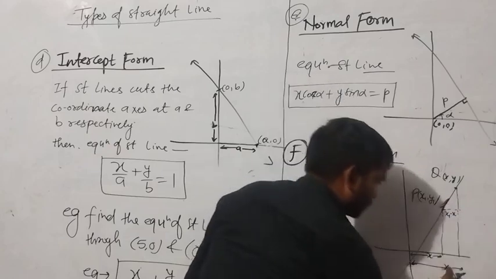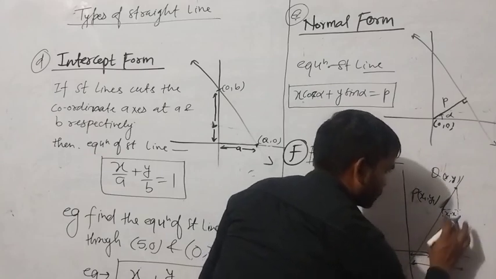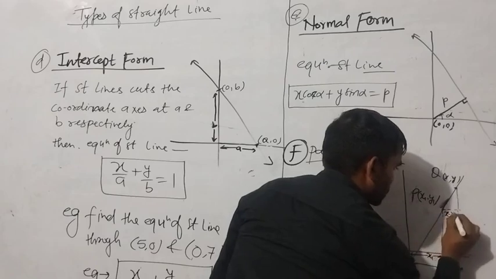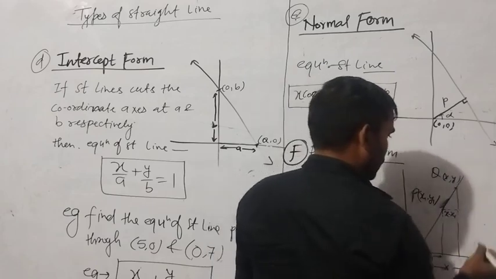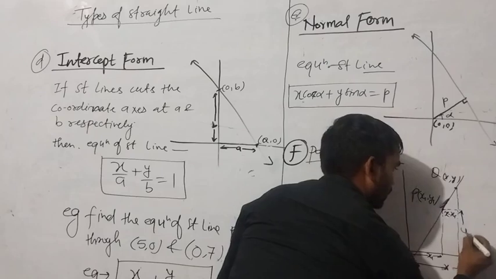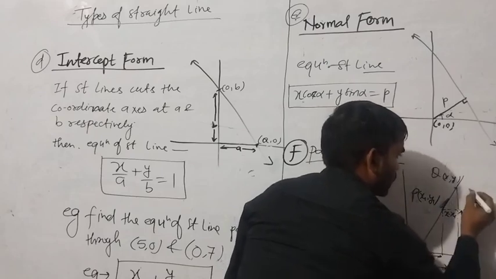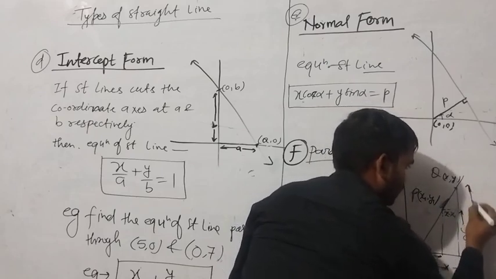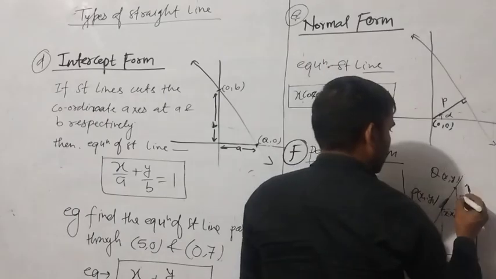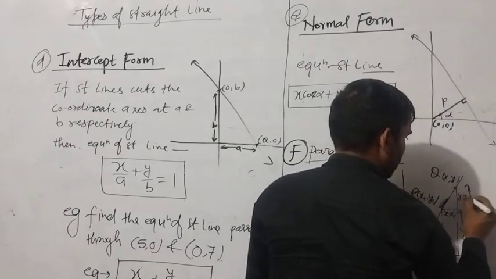So you can reverse this: x minus x1. In the same way, if you want to calculate the distance of this point, this will be y1, and this will be y, so this distance will be y minus y1.